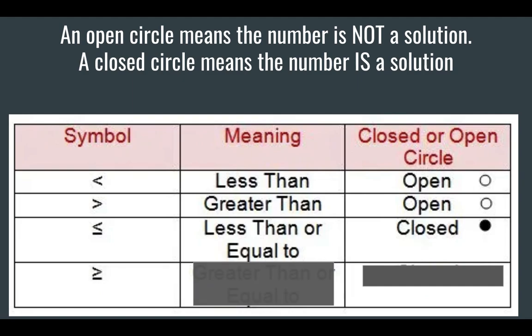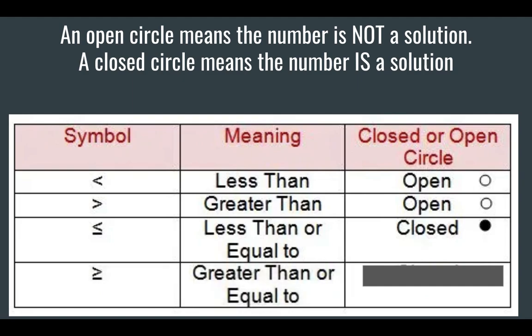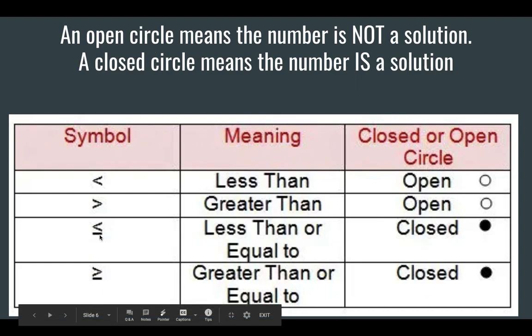If we have a greater than or equal to symbol, we will have a closed circle on the number line. Remember that an open circle shows that the number is not a solution, whereas a closed circle shows that the number is a solution. So if you see this line underneath the less than or the greater than symbol, we know that we're going to have a closed circle.